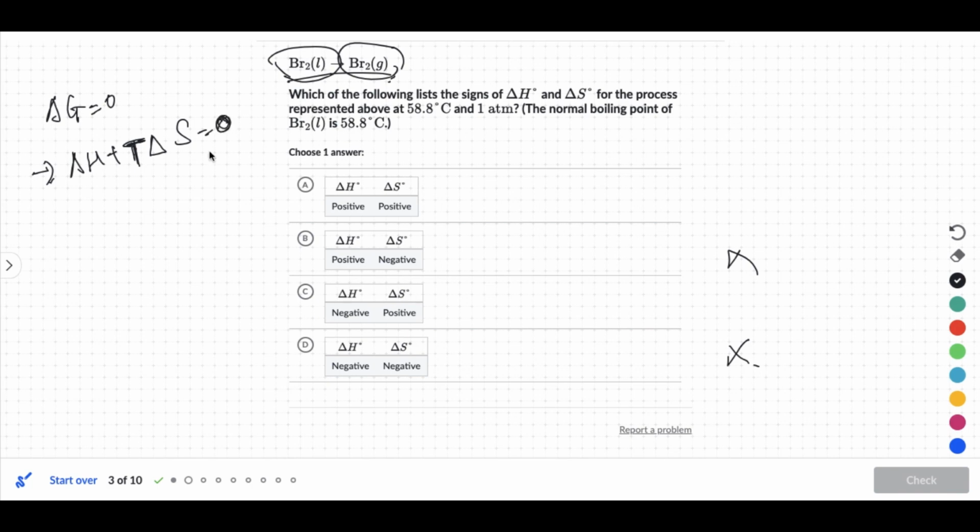So this is 0, and this value is positive, and the value here is also positive. So I think that delta H... wait, hold on. It's kind of confusing, isn't it?